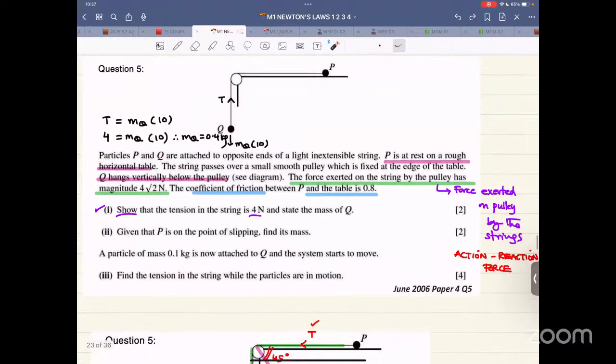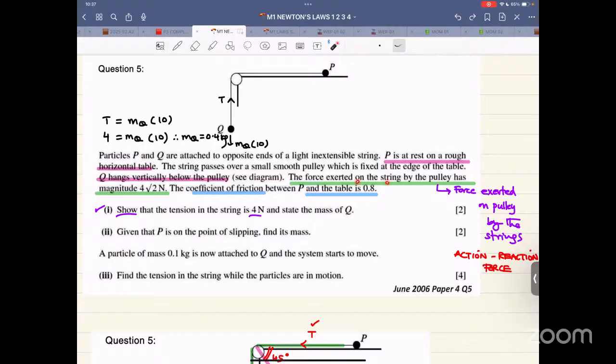Question number 5. It says particles P and Q are attached to the opposite ends of a light inextensible string. P is at rest on a rough horizontal table. The string passes over a small smooth pulley which is fixed at the edge of the table. Q hangs vertically below the pulley. The force exerted on the string by the pulley has a magnitude of 4 root 2.